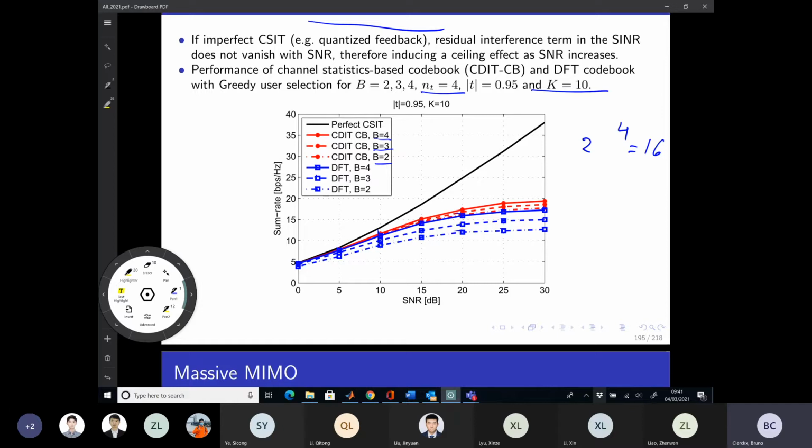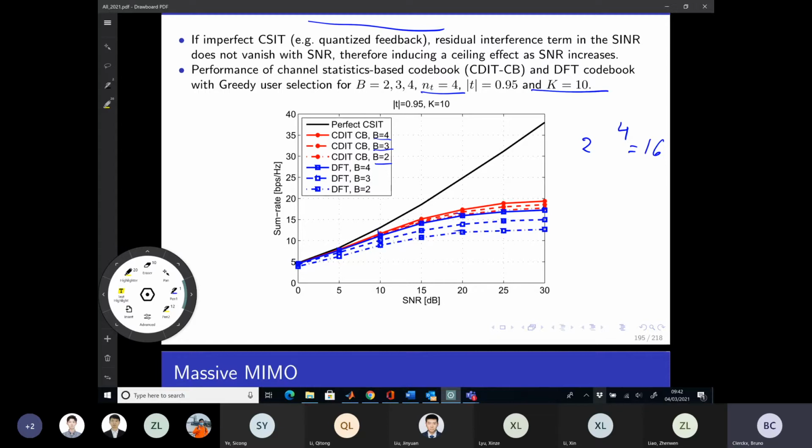So you have essentially a code book like you do in single user transmission, and you have limited feedback, right? You will use this in coursework 3. You find which vector among those 16 vectors is the one that is the closest to the direction of the channels, and you report the index of that vector back to the transmitter.